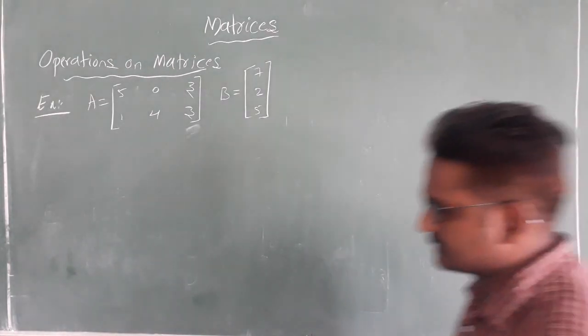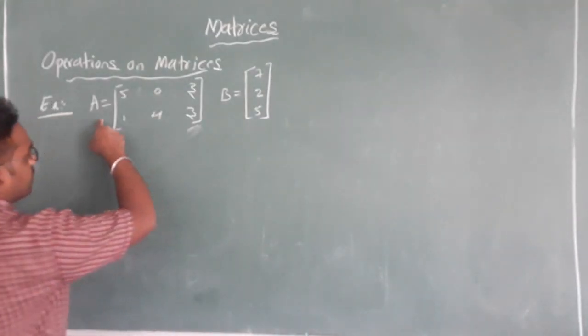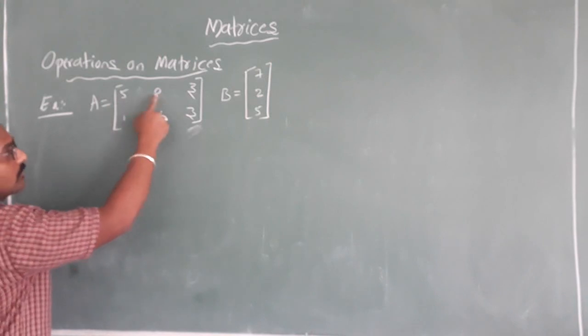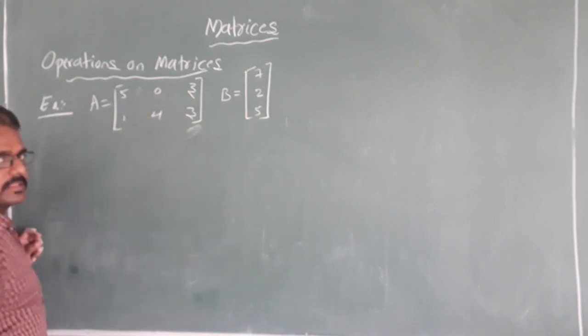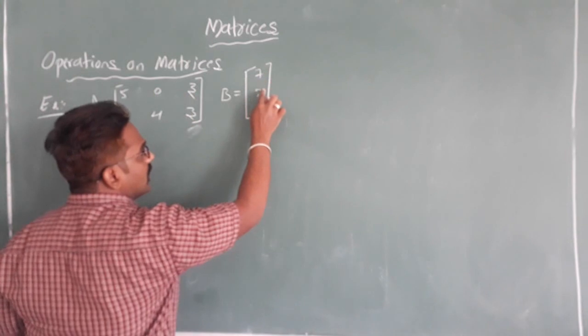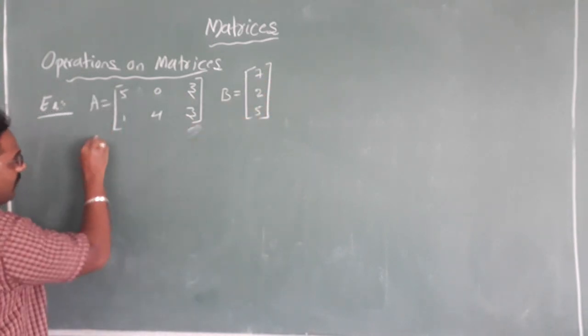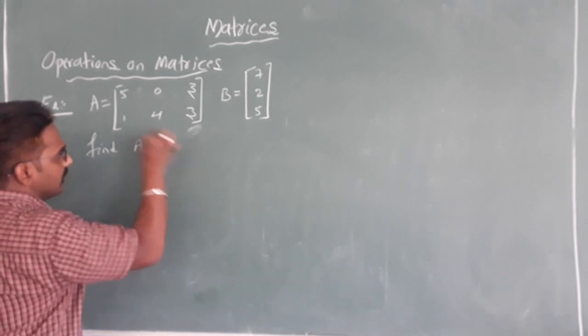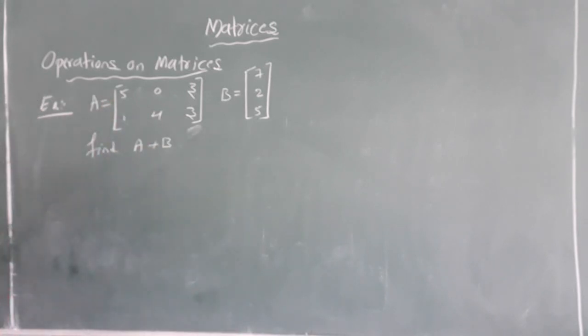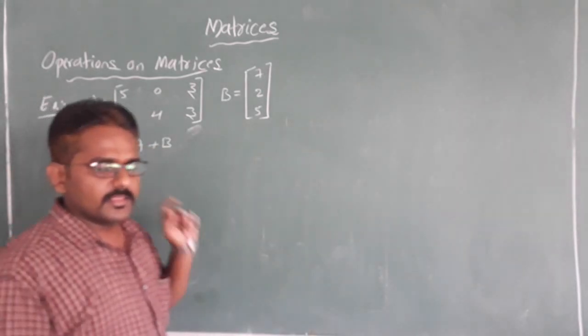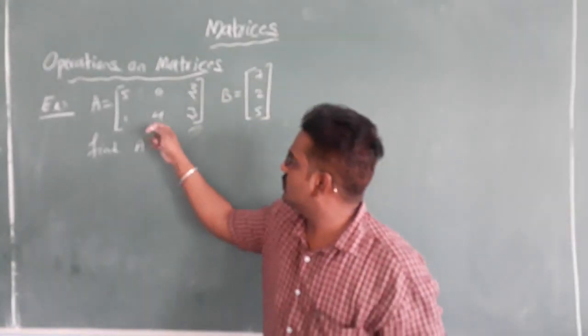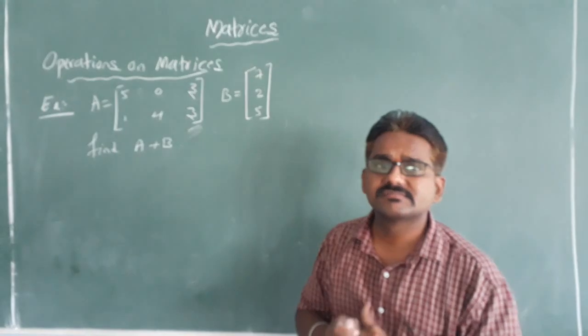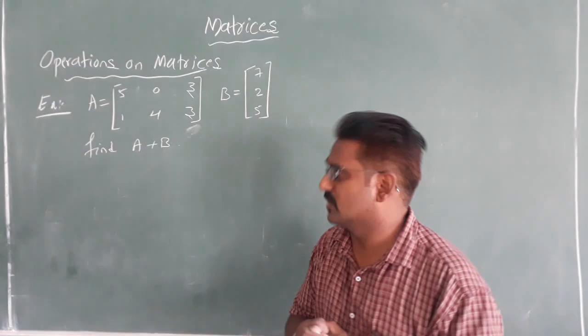See here students. A is the matrix 5, 0, 1, 1, 4, 3 and B is 7, 2, 5. Find A plus B. Can we add these two matrices? Is it possible? No, students.